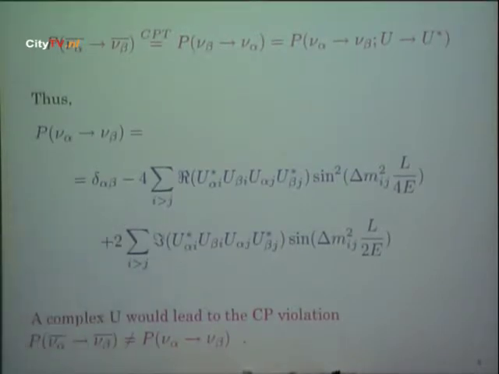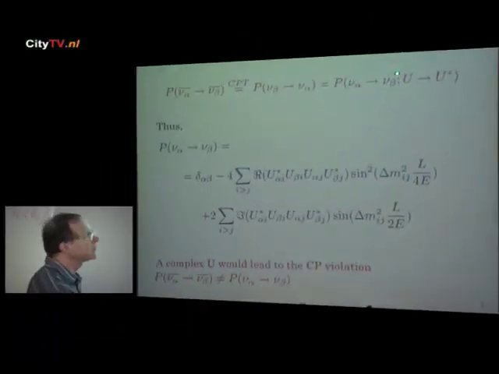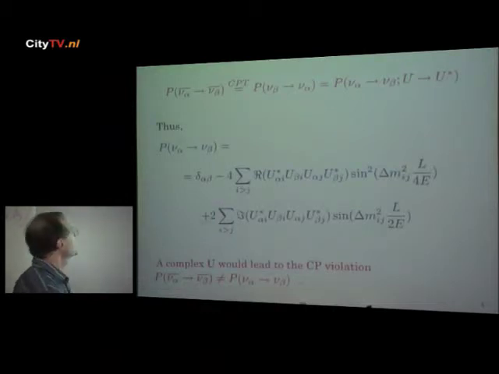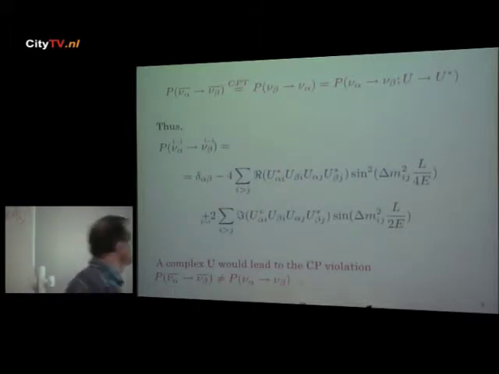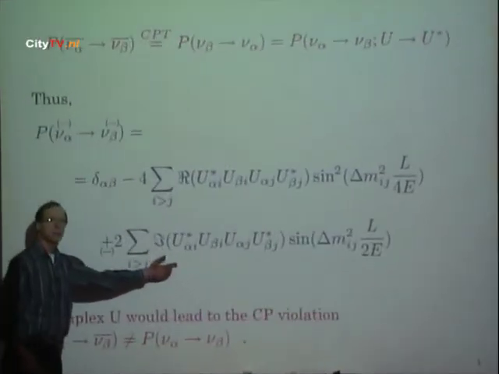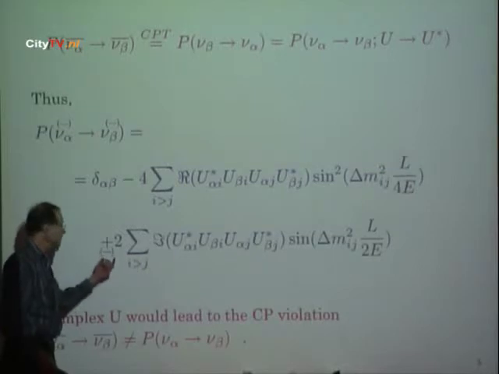So if CPT invariance holds, the probability for this process is the same as the probability for the unbarred process with the same initial and the same final flavor, but with U replaced by its complex conjugate. So I just do that. The probability for the bars is the same as before, but of course the imaginary part changes sign, so there's a minus sign here.